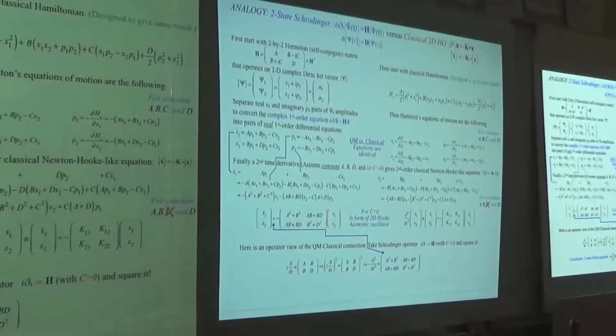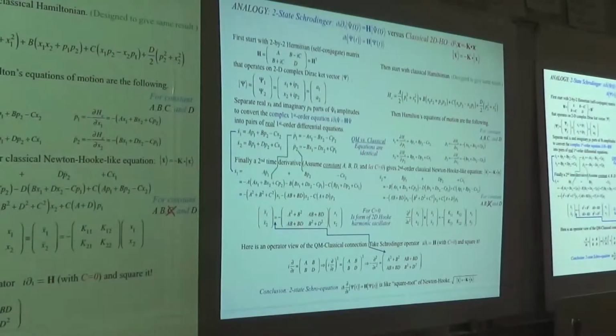But now what I'd like to do, a little flourish here, this thing is very much showing you that the Schrodinger equation with the C equal to 0 is the square root of the Newton-Hooke equation. And that is the whole system. Take the square root of it and you've got yourself into quantum mechanics. That's kind of a weird way to say where quantum mechanics comes from. It's a trick, but it's a good trick.